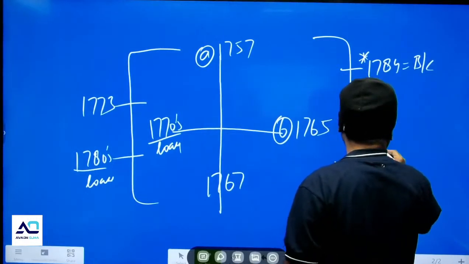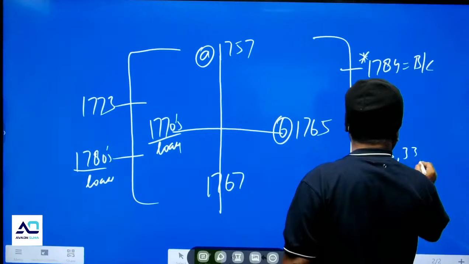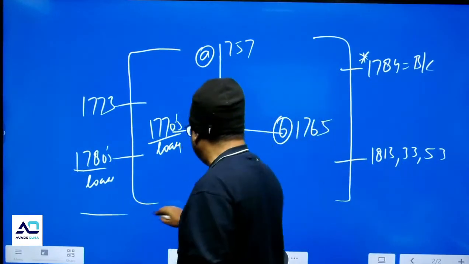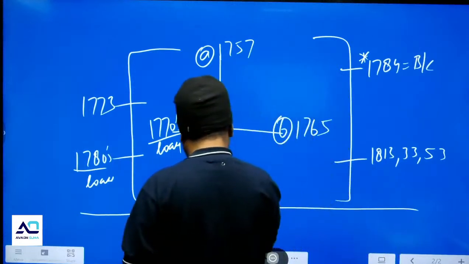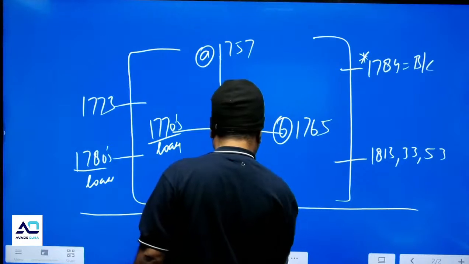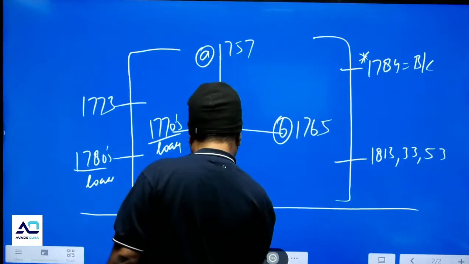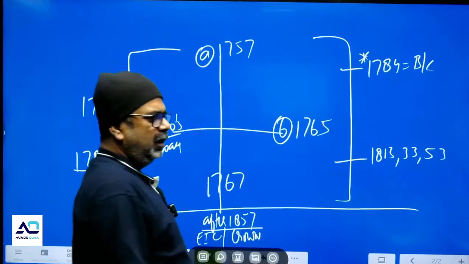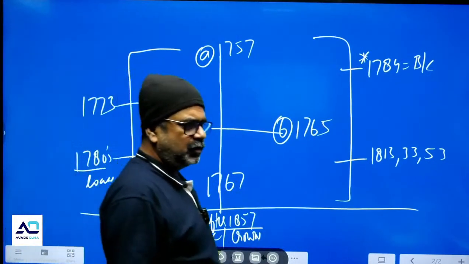And then 1813, 33, 53. And after 1857, EIC replaced by British Crown. This is the entire gist of this question.